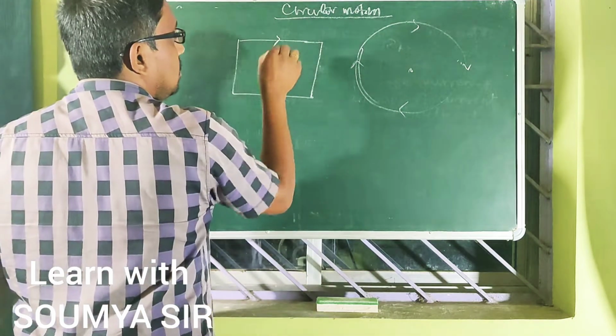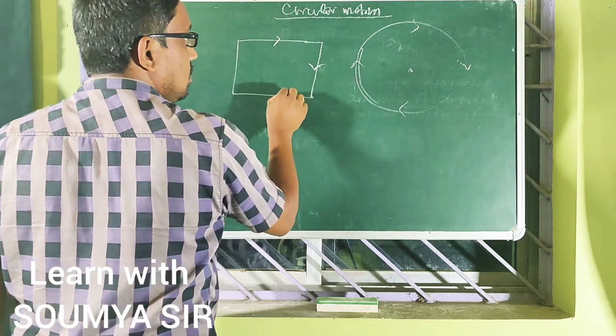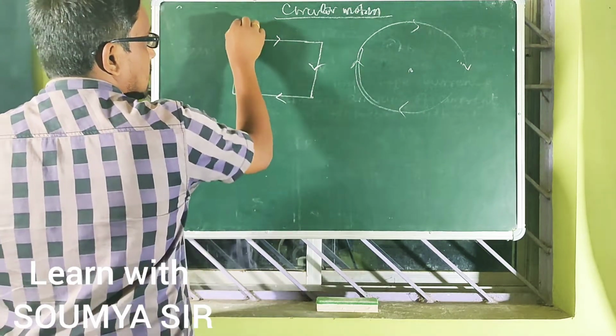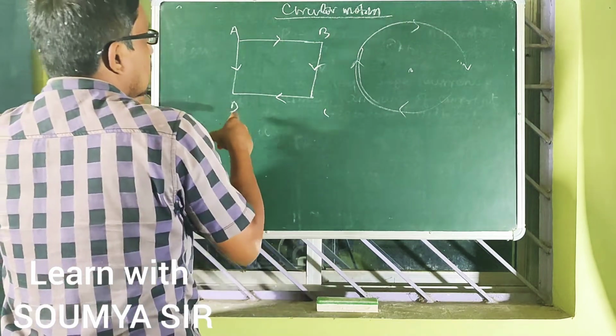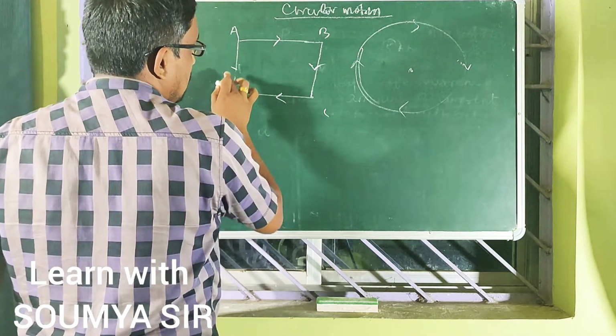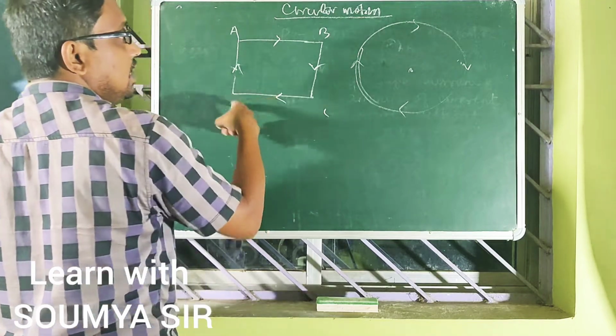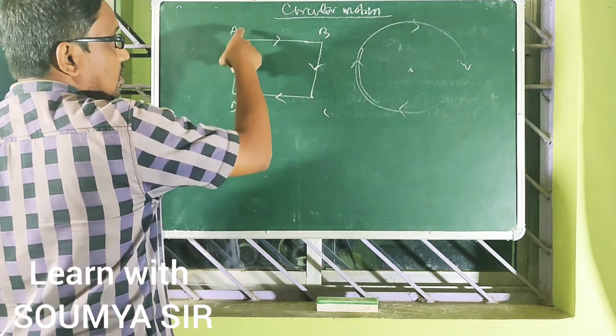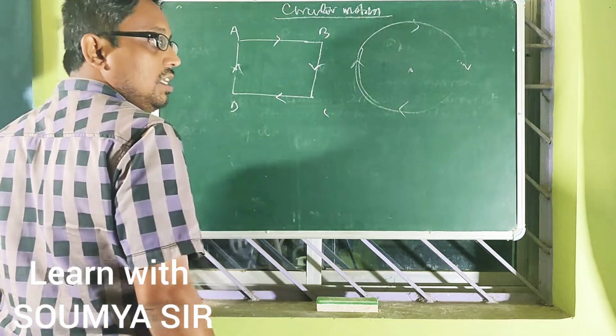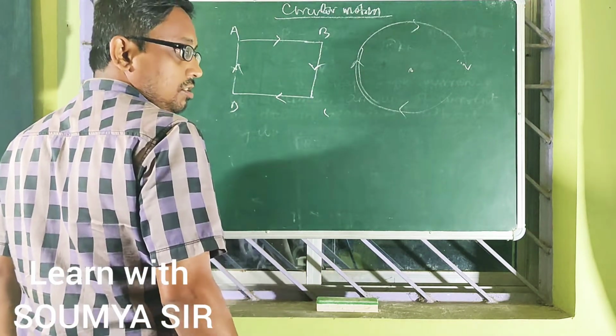This is a rectangular path. The body is going from A to B to C to D, then to A. Starting from A and reaching A, the body will complete one revolution.